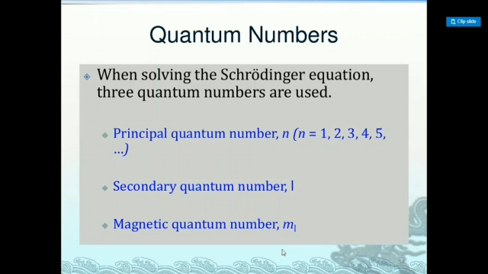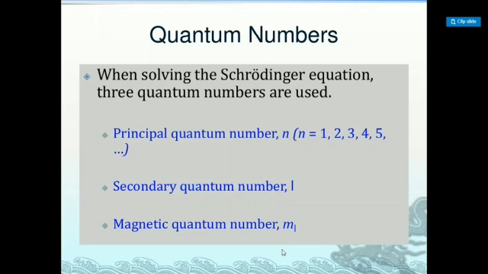When solving the Schrodinger equation, three quantum numbers are used: principal quantum number, secondary quantum number or azimuthal quantum number, and magnetic quantum number. Principal quantum number is n. The value of n is 1, 2, 3, 4, 5 and so on.